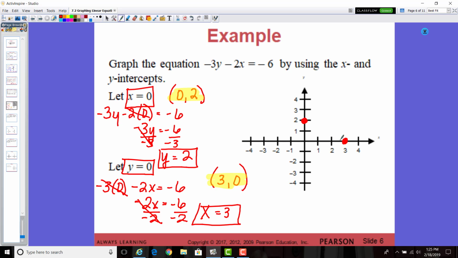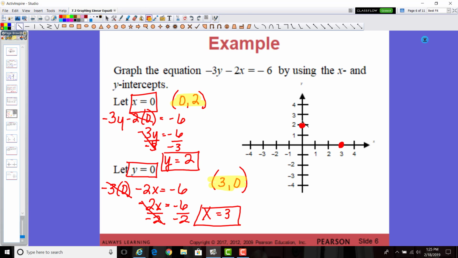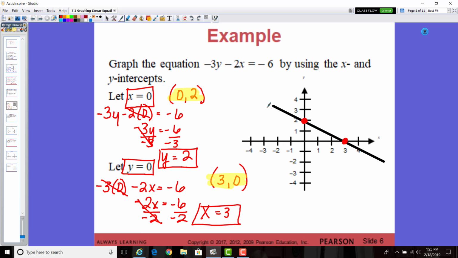My y is 0, and I can draw a line through these 2 points. Still have a linear line, a straight line. I can use those two variables. If they ask you to pick another point, okay, pick one of the x values like 1. You should be able to determine what your y value is.